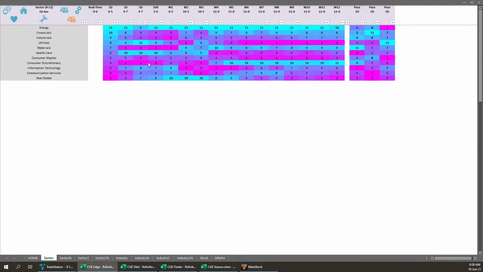Now, QH has the ability to do top-down analysis of multiple items at the same time. So I could select the two best performing sectors, energy and financials, and drill down to the industries of both of them. I could do that, or I could drill down to one at a time.